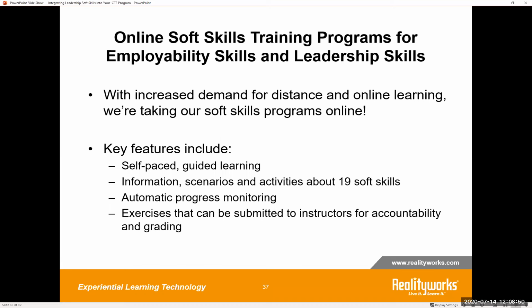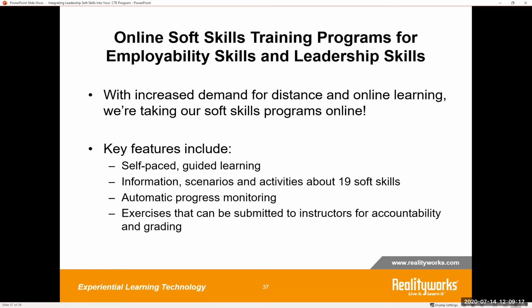Some of the key features are that each program includes the same lessons and soft skill topics as the print program. Each lesson is self-paced. There are all sorts of ways that students are engaged with that content. Learning objects, there's videos, there's self-tests, there's just a lot of different ways that content will come to life. It's not just reading.